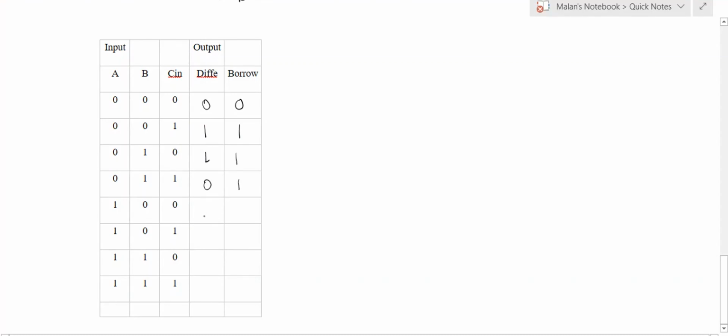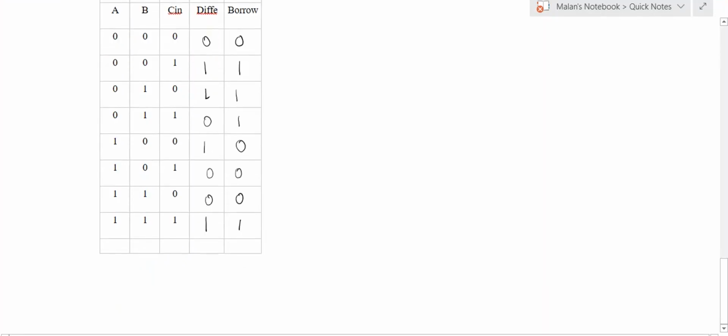When 1, 0, 0, the difference is 1 and the borrow is 0. For 1, 0, 1, the difference is 0 and the borrow is 0. For 1, 1, 0, the difference is 0 and the borrow is 0. And for 1, 1, 1, the difference is 1 and the borrow is 1. Now this is the truth table of the full subtractor.